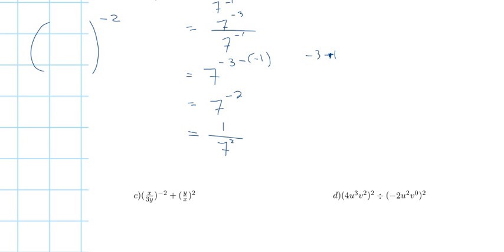Done. So just like that, it turns into a positive. Because there's an invisible 1 in the denominator, flip the base, so it becomes 1 over 7 instead of 7 over 1, and make it to the power of 2. Are you guys okay with this?